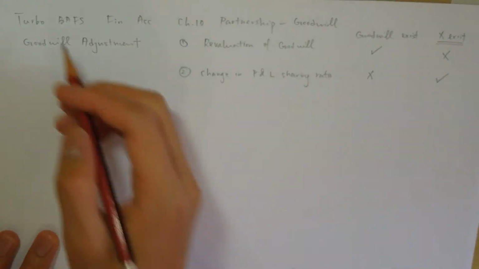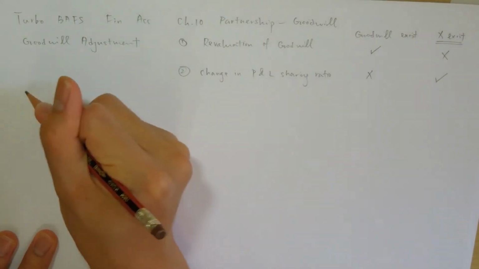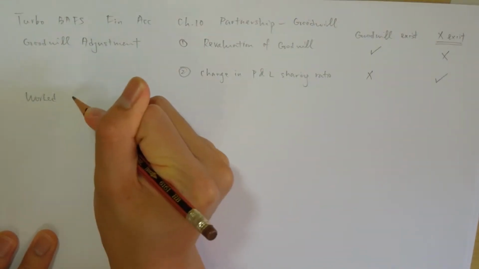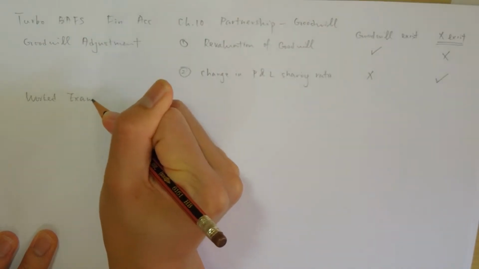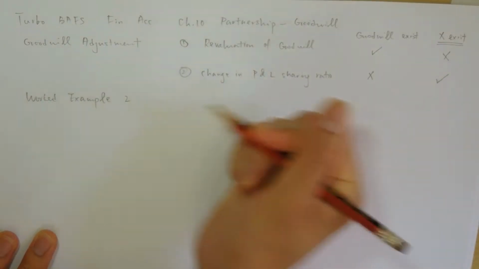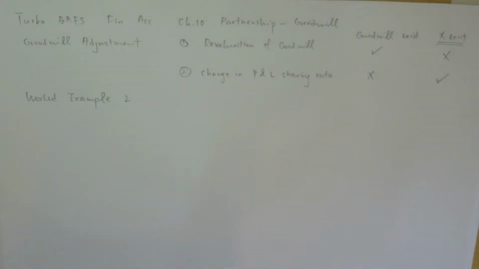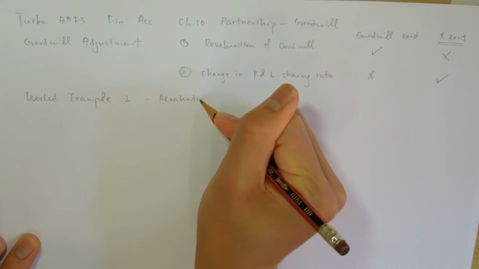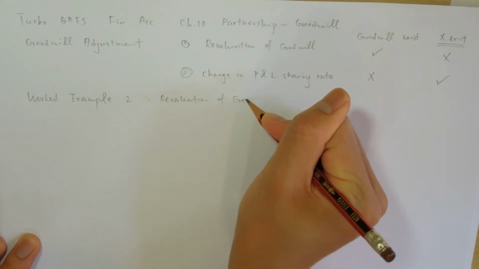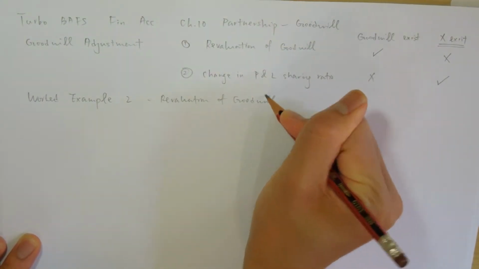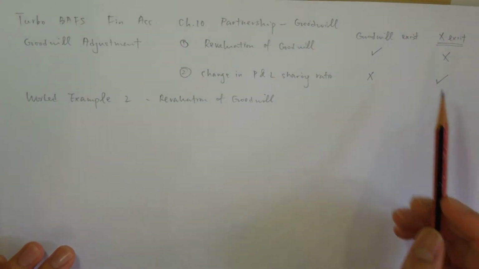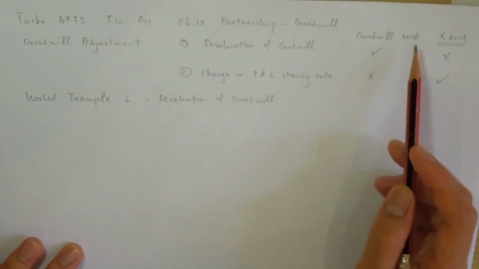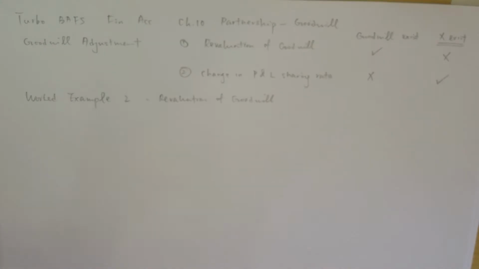Okay, first we start with worked example 2. Worked example 2 is related to the revaluation of goodwill. And for the revaluation, only if the goodwill account exists do we need the relevant accounting treatment.